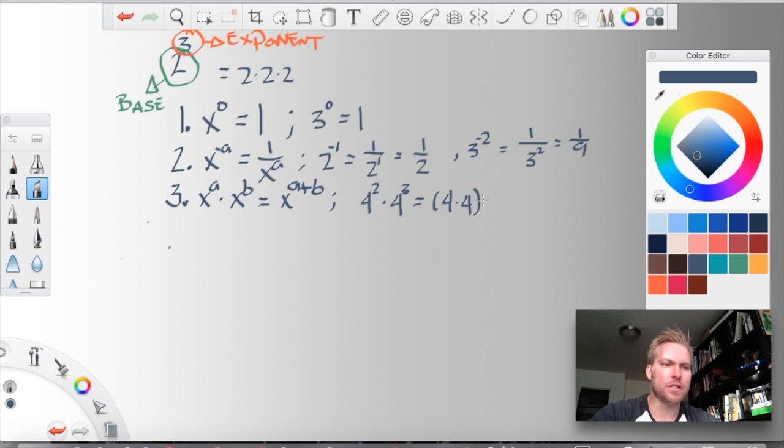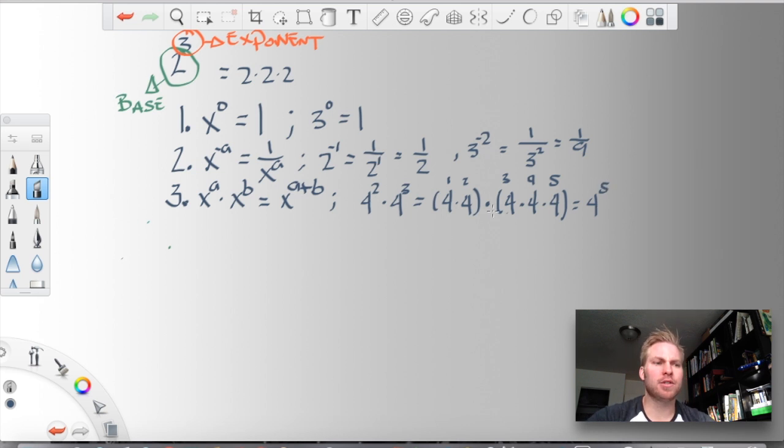And that whole piece is being multiplied by 4 cubed, which is going to be 4 times 4 times 4. And when we do it this way, we can count out the 4s really easily. I got 1, 2, 3, 4, 5. And so we know that this whole thing is going to be 4 to the 5th power.